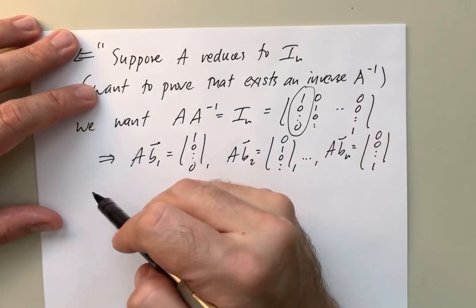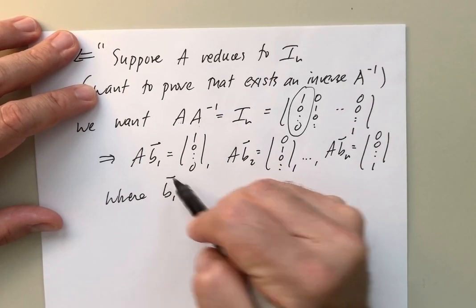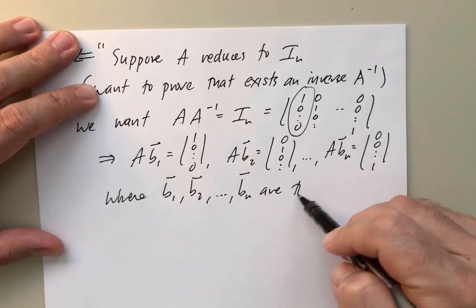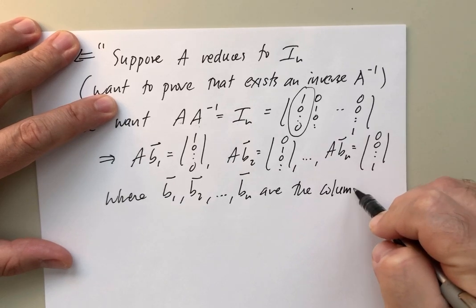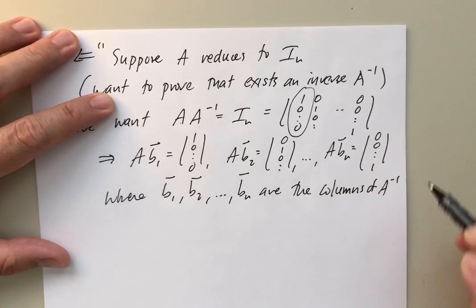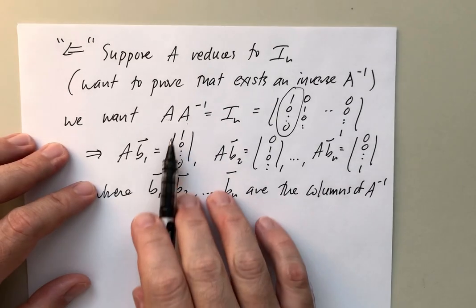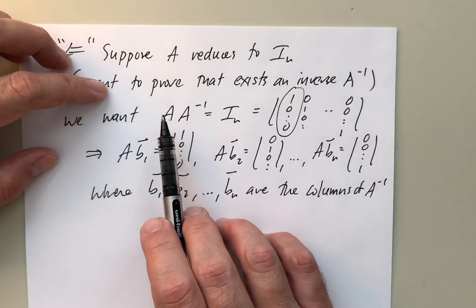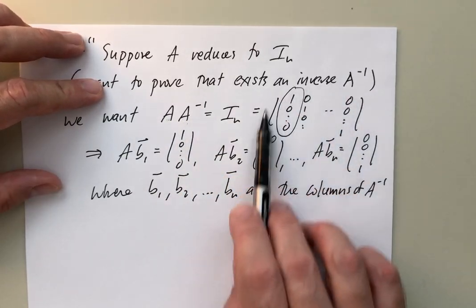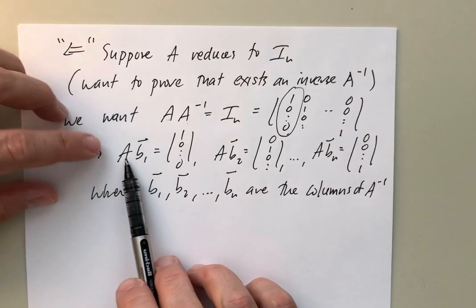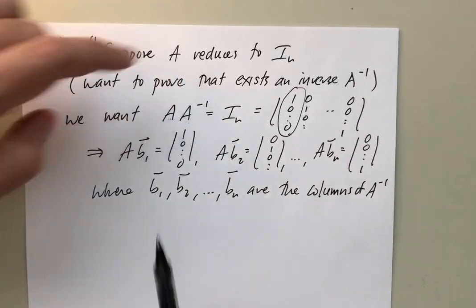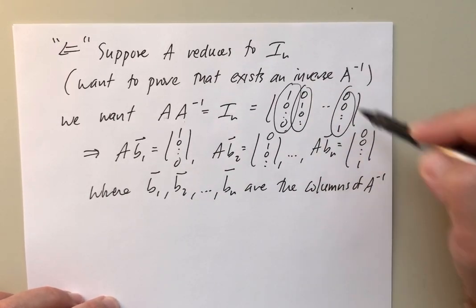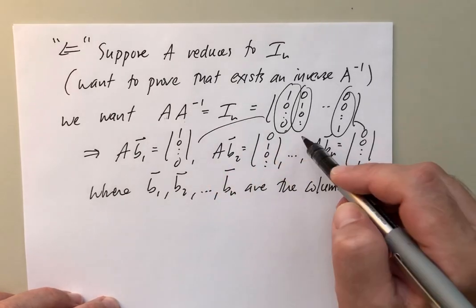Where B1, B2, through Bn are the columns of this matrix that I don't know, but that I'm trying to find. If there was an inverse matrix out there called A inverse, it would have to satisfy this. And why is that? Because when I take a matrix times another matrix, the resulting matrix has columns given by the first matrix times the columns of the second matrix. So of course these are just the columns of the resulting matrix there.